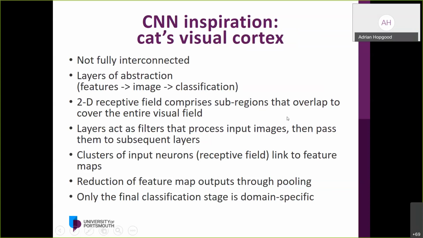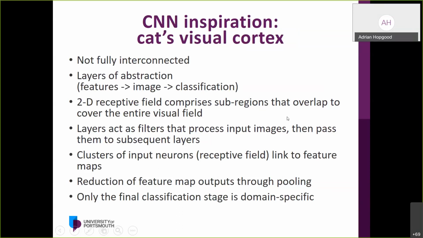And this sort of receptive field is picking out sub-regions in the original image. And I've also pointed about the clusters. And part of the design, as I say, is constantly making the degree of connectivity more manageable.